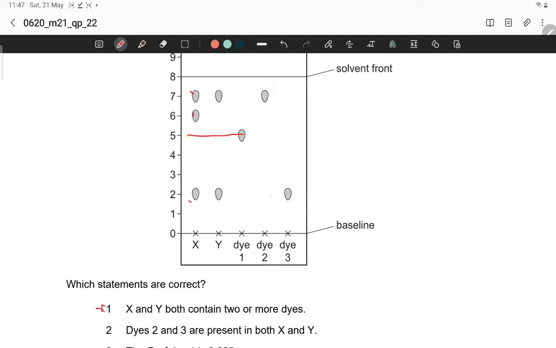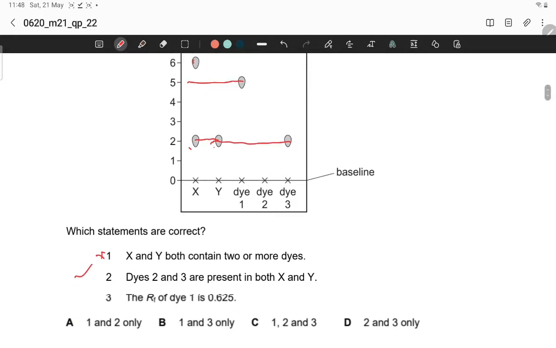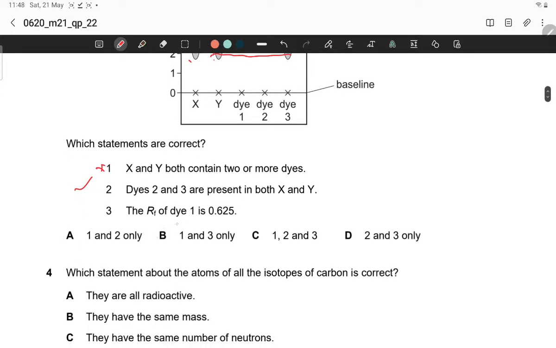It is present in X and Y both, because its height is parallel to this. Dye 2 is also present in X and Y. So this statement is correct.